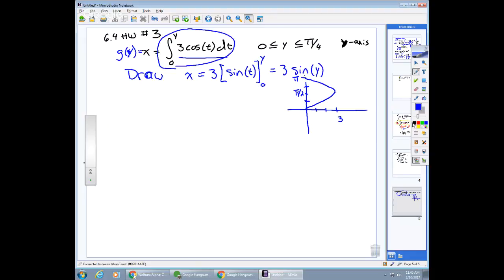And I'm concerned about the length of this curve between 0 and pi over 4, which is about right there. So I'm taking this part of the curve right there. And again, this is the x-axis, and this here is the y-axis. And we're revolving that around the y-axis.